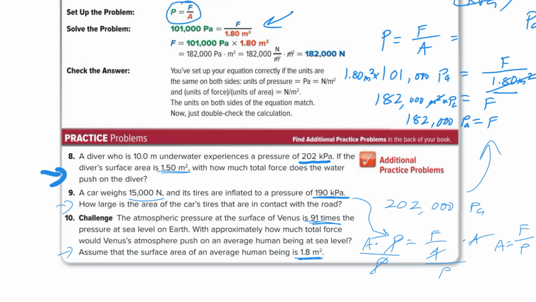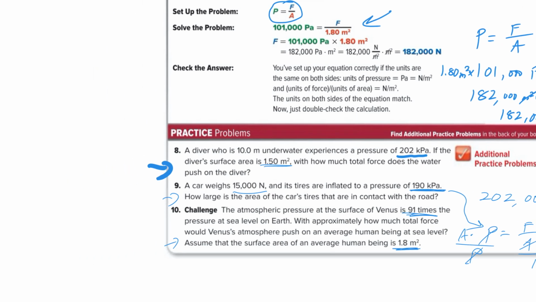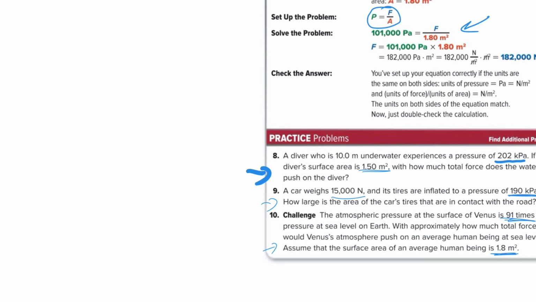This is the same exact thing as your sample problem, except instead of 101 kilopascals, the pressure at sea level, you have to multiply that by 91. So your pressure for number 10 is going to be 101 times 91, because it's 91 times the pressure.